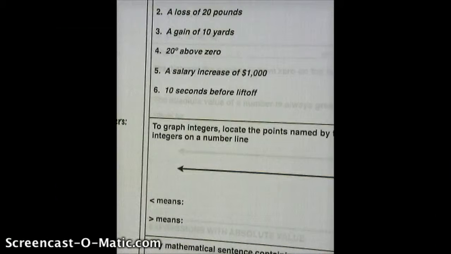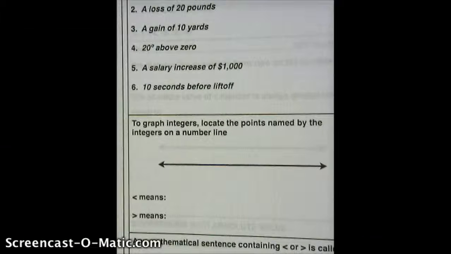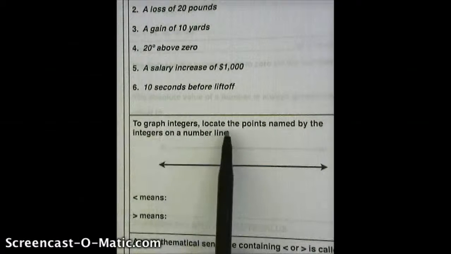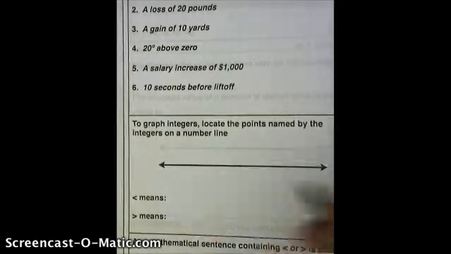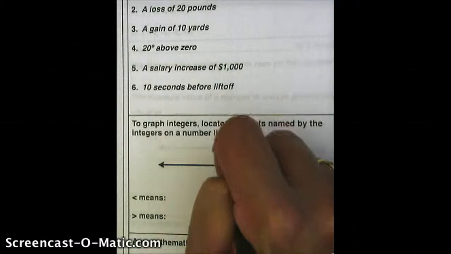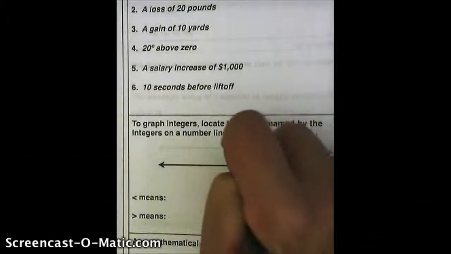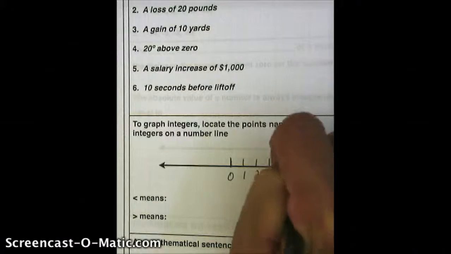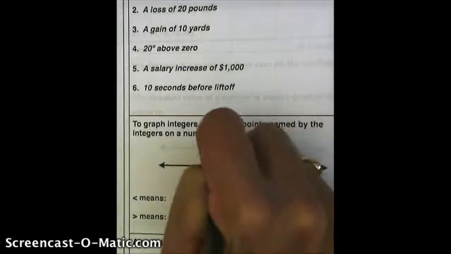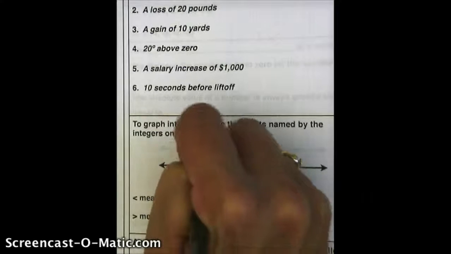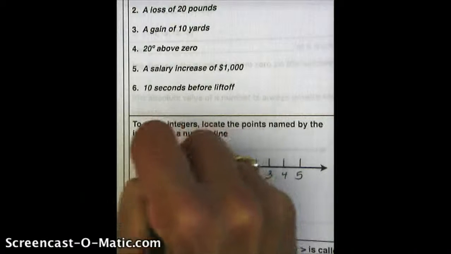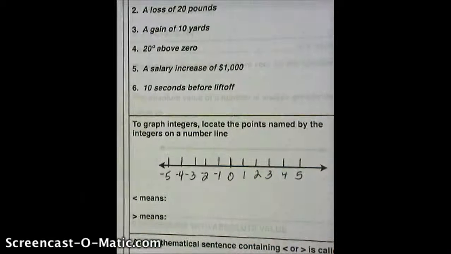And now we're going to talk about comparing integers. To graph integers, we locate the points named by the integers on a number line. So if I wanted to go ahead and fill this in as 0, 1, 2, 3, 4, 5, negative 1, negative 2, negative 3, negative 4, and negative 5 on my number line.